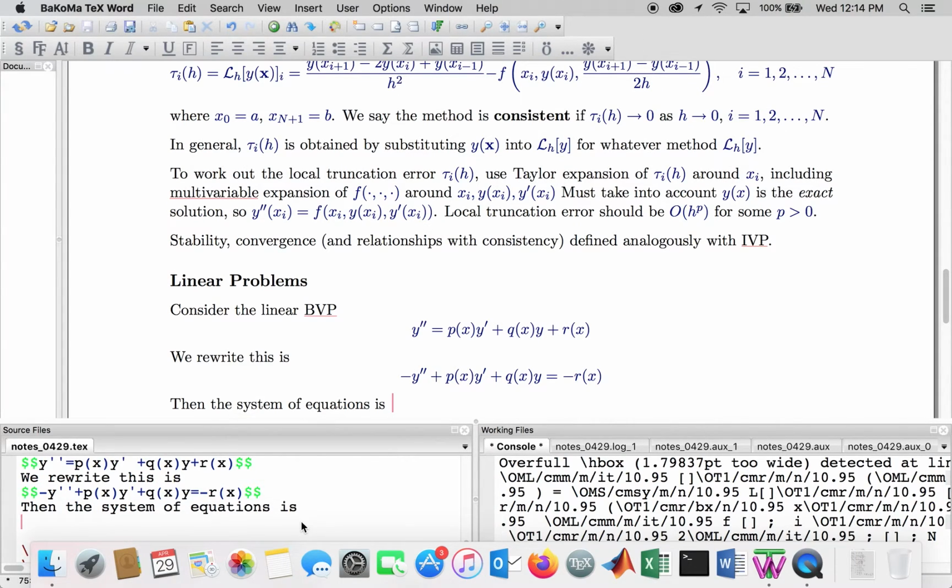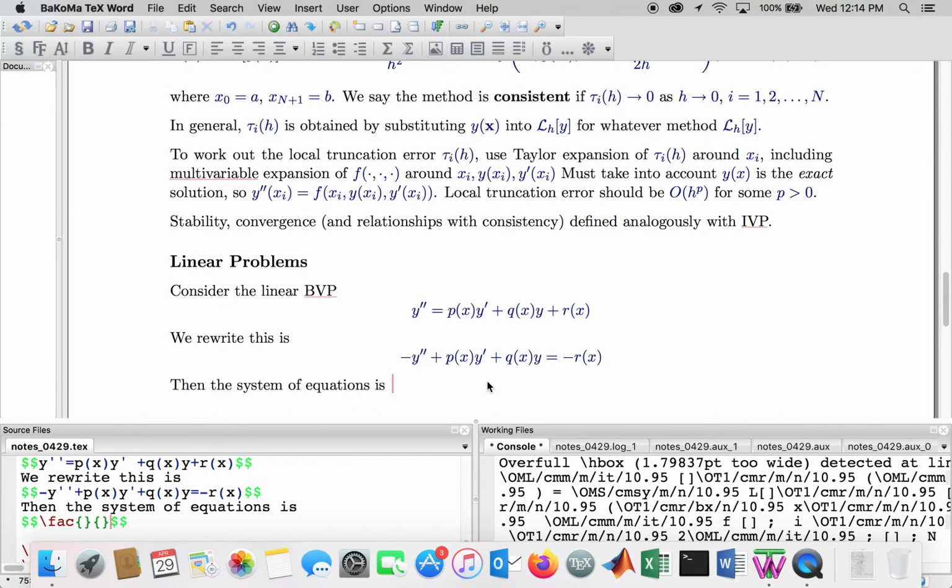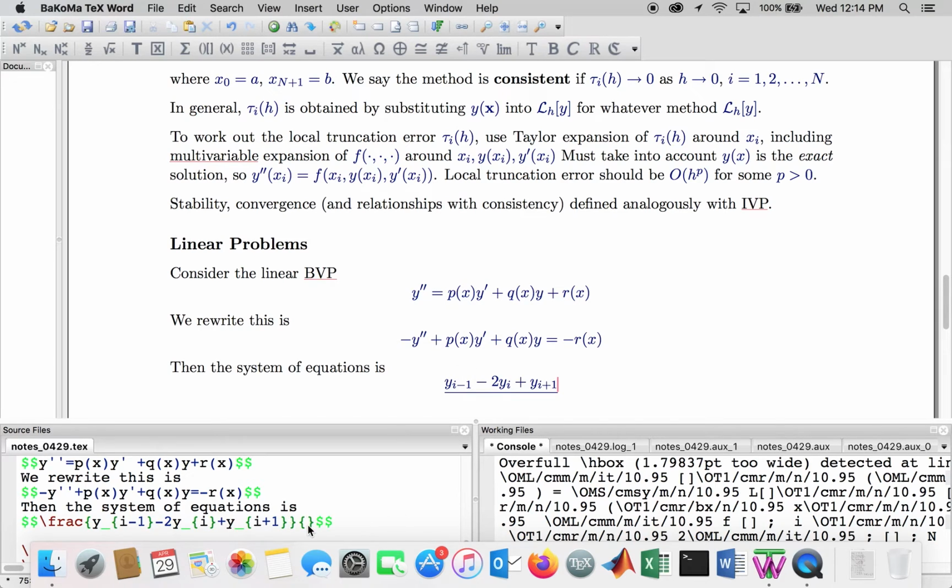Okay, so now if I replace y double prime and y prime with these same finite difference approximations, then what I get is, for the second derivative, y i minus 1 minus 2 y i plus y i plus 1 all over h squared.